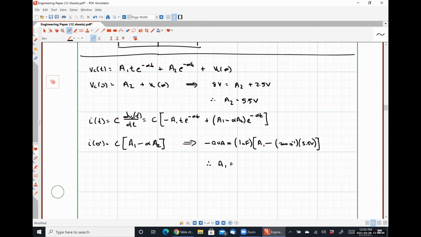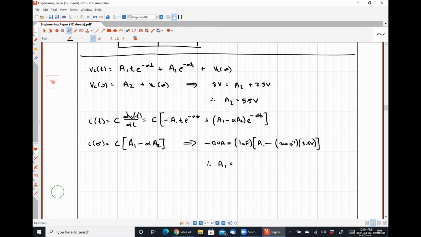So negative 0.4, I divide everything by 0.001, add 200. I'm going to use a numerical solver. I feel like I'm going to make a dumb mistake there.